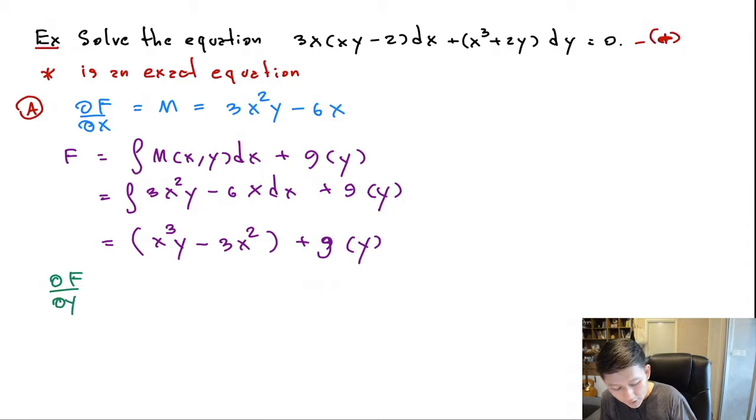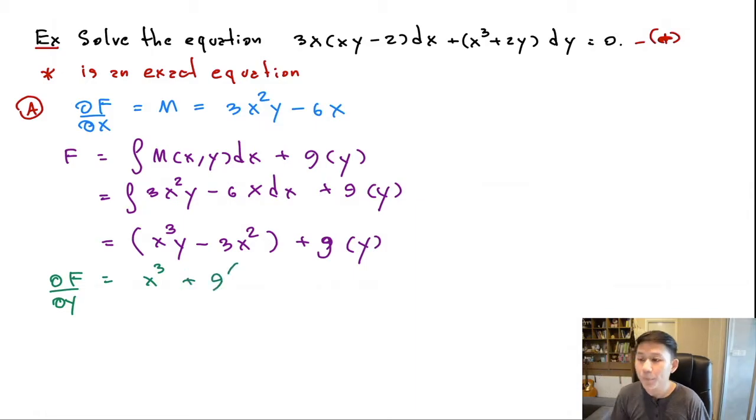This is x cubed minus 0 plus g prime(y). Make sense? Because if you do the partial derivative by y, x are constants, so here is just x cubed, and here is 0.